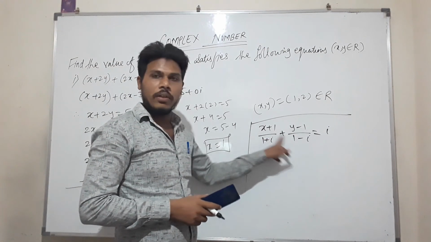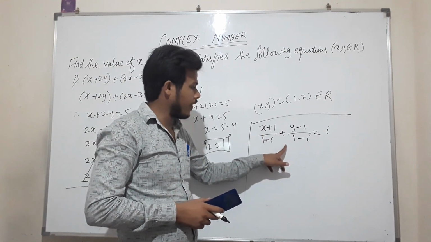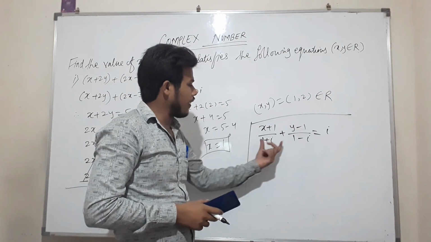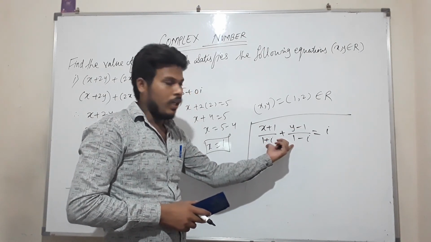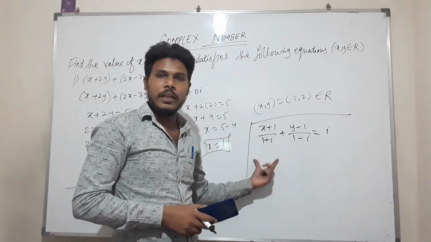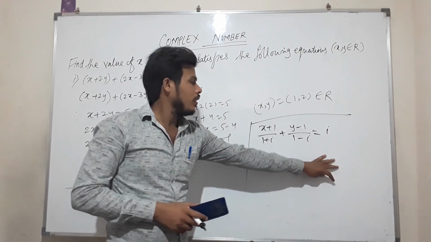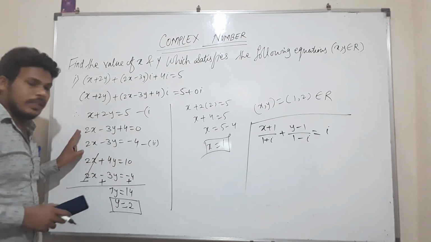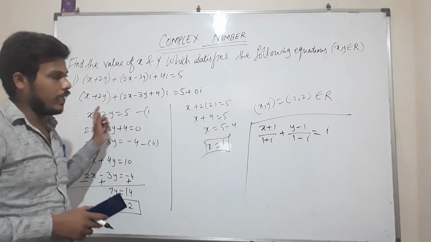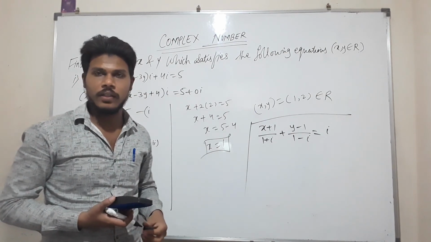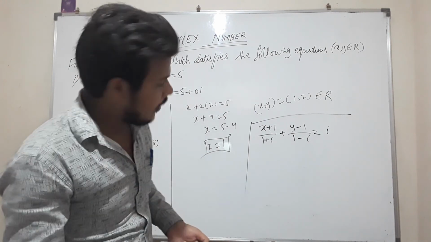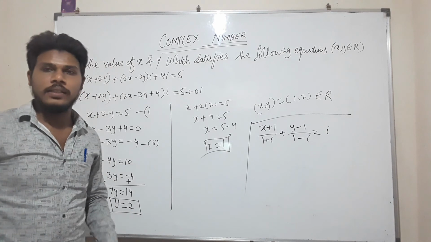First you have to cross multiply this equation. After that you will get division of two complex numbers. After that you have to compare left hand side and right hand side. Then you will get these two equations. Then you have to simultaneously solve, then you will get the value of x and y. So in this way you can find the value of x and y.